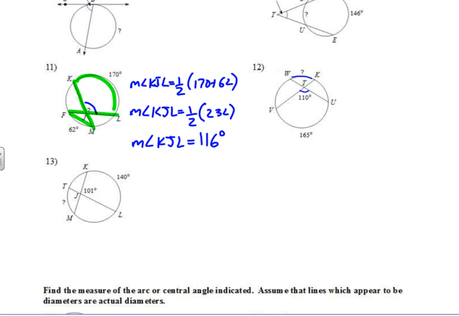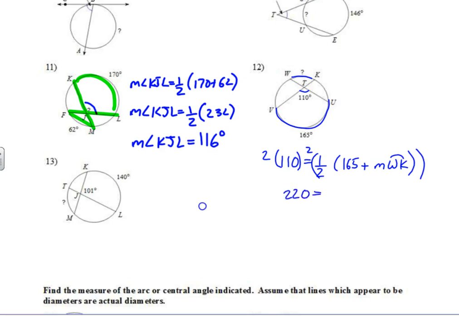Now, the difference here in number 12 is that we know the angle instead of the arc, but it's going to intercept this arc and this arc. So 110 is going to be 1/2 of 165 plus the measure of arc WK. And so again, the way to do it algebraically, multiply both sides by 2.